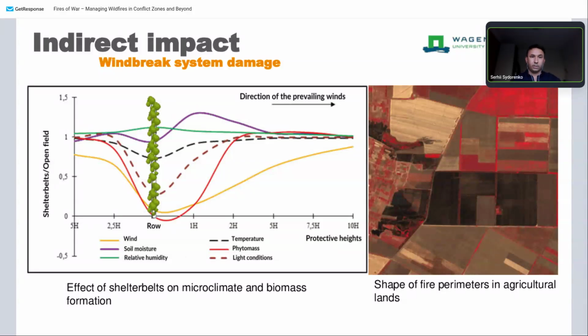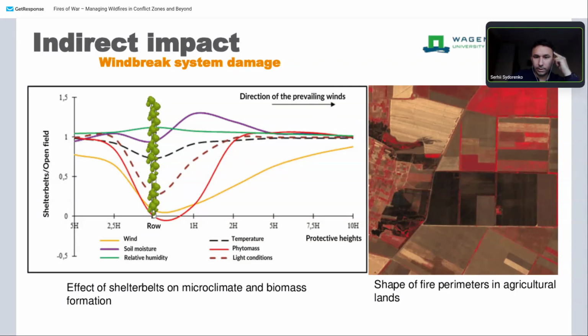Also, we found a very interesting side effect in our research when we started to analyze this fuel complexity change in South Ukraine. We found that very often these landscape fires that occur in a field don't spread out of the field.